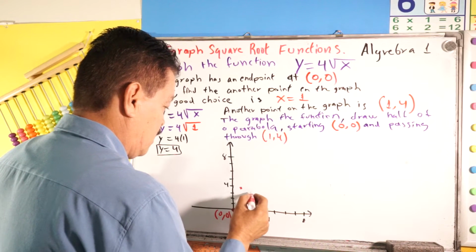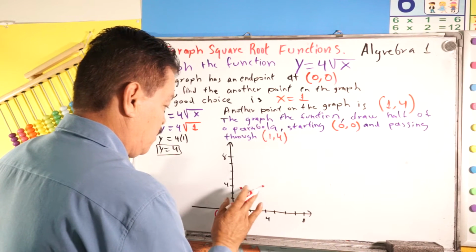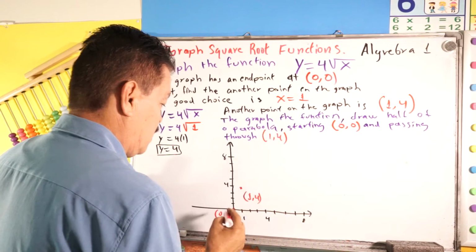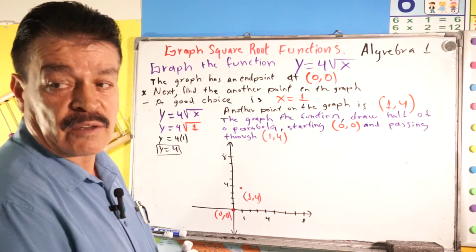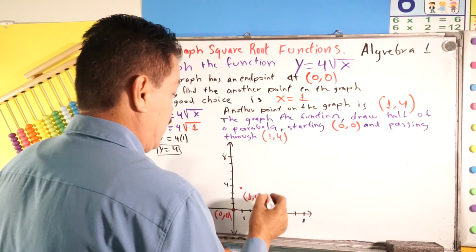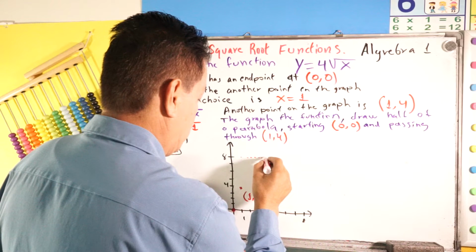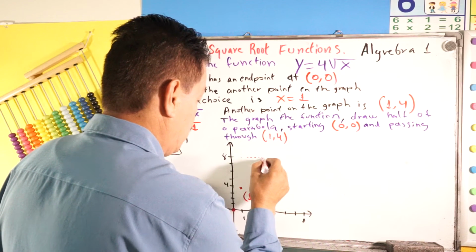This point is (1, 4), and then the last point, which is in the range, is (4, 8). I didn't find it right now, but you are able to check it. It's exactly for this point.